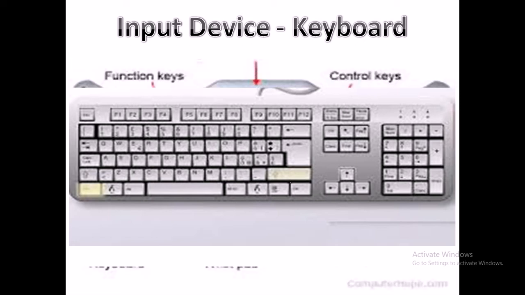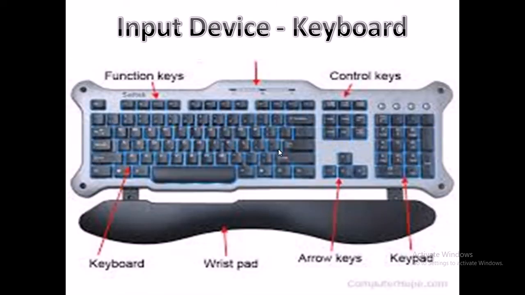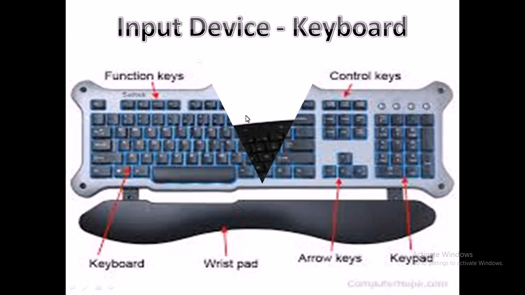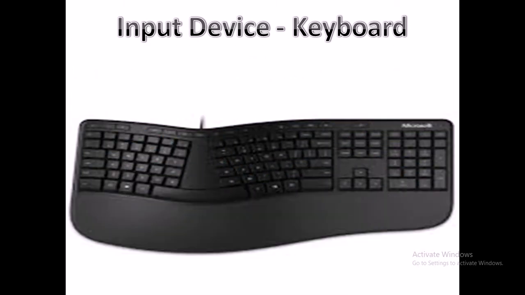There are different keys denoted as function keys, control keys, arrow keys, and a numeric keypad on the right side of the keyboard. It looks like a calculator keypad. Here we also have the numeric keys. A few keys can be used for mathematical operations.